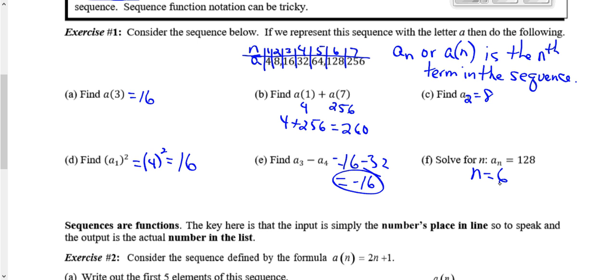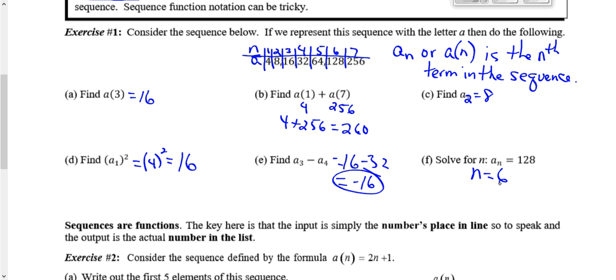Which part? Like, what would you subtract, or why would you use the numbers on top? How would you do that? Well, we're just saying, this is our sequence, these numbers here, right?